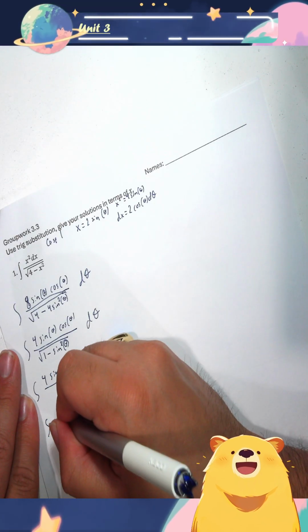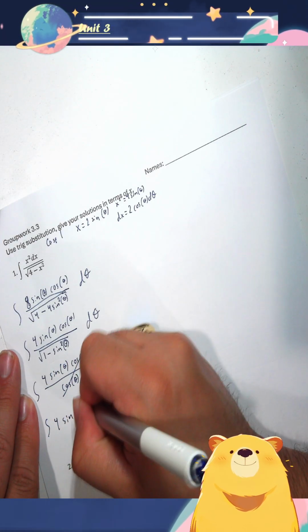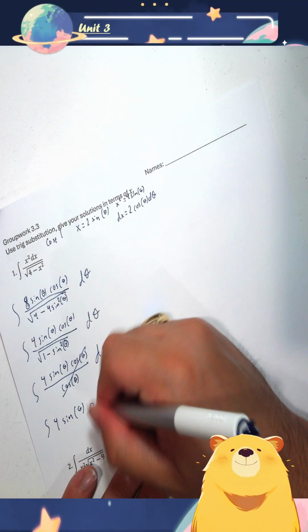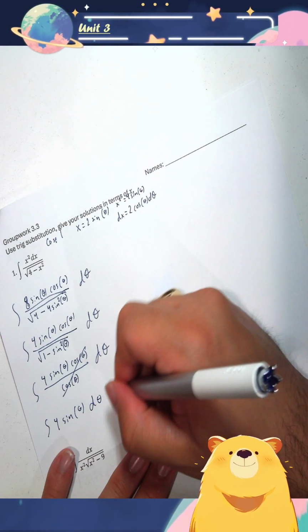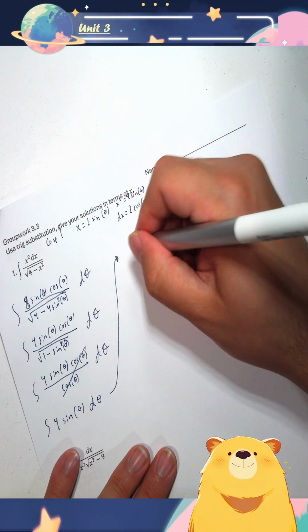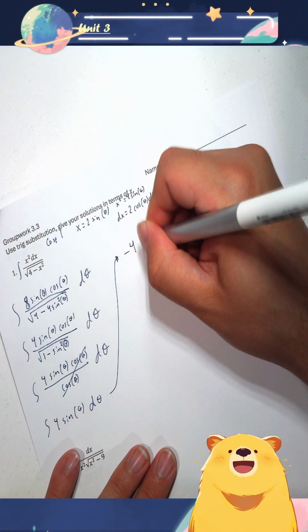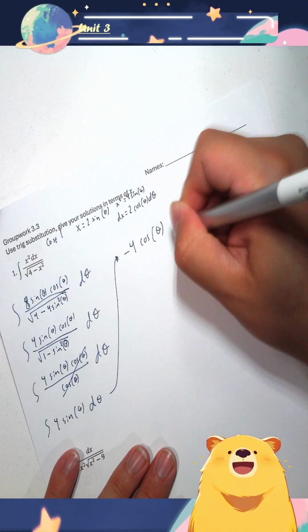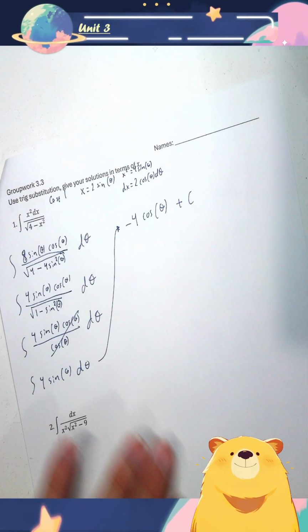And you're left with the integral 4 sine of theta, which comes out to be negative 4 cosine of theta, then plus c.